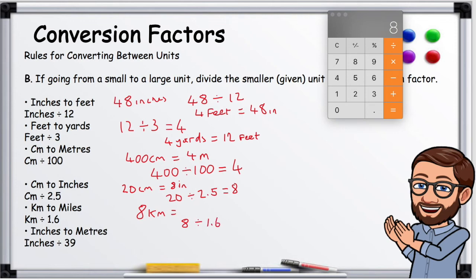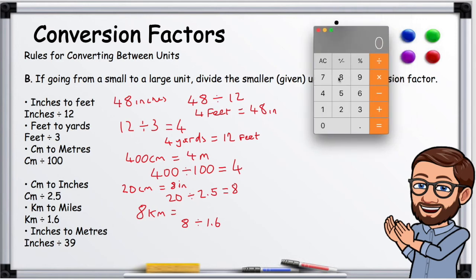Let's use our calculator. 5. So 8 kilometres equals 5 miles.